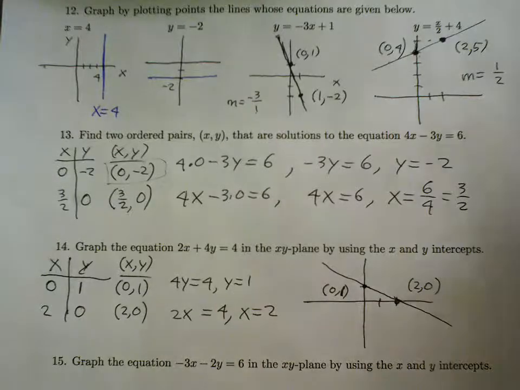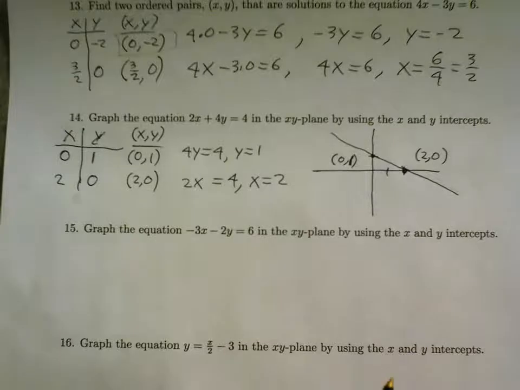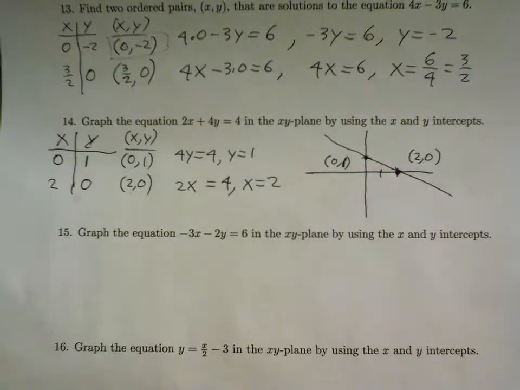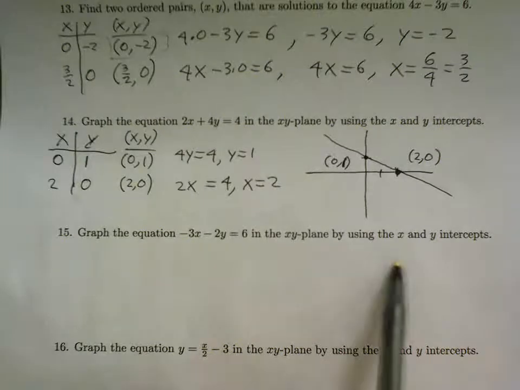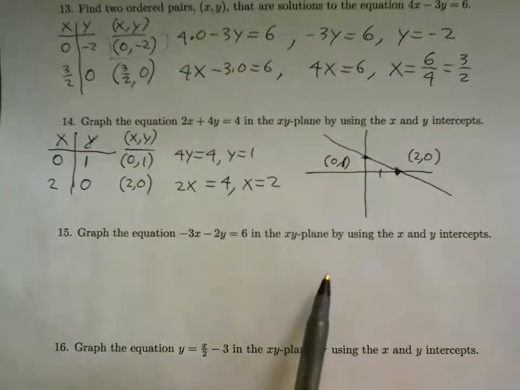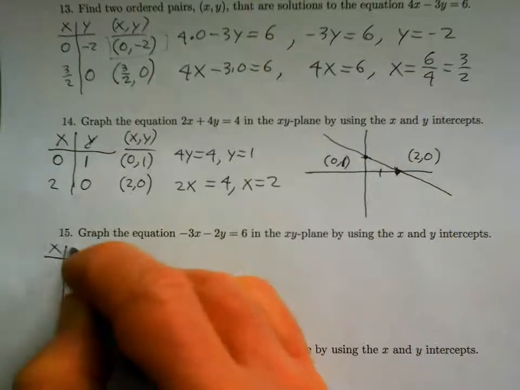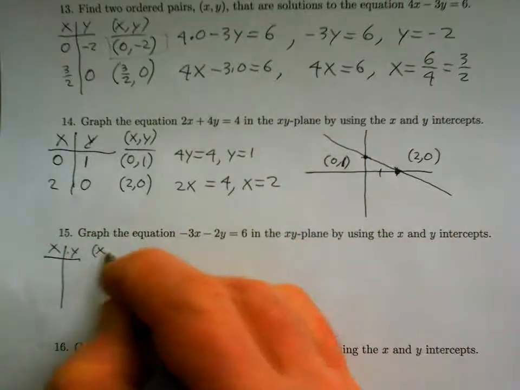Okay, the next problem is of the same sort. Graph the equation negative 3x minus 2y equals 6 in the xy plane by using the x and y intercepts. Okay, same exercise as the previous one.